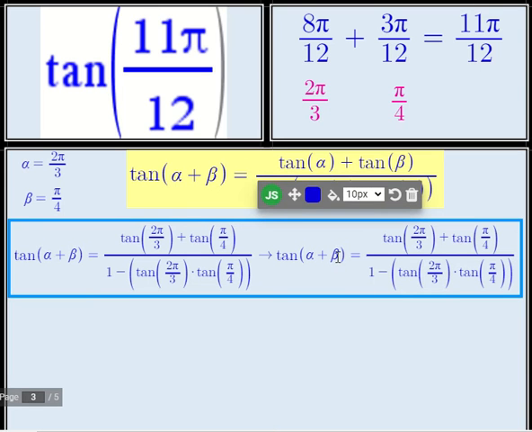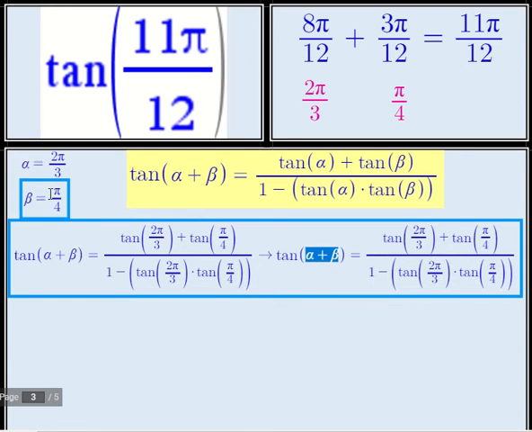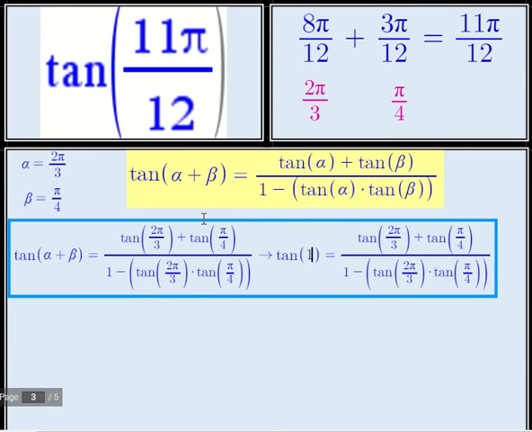Now, from here, we want to substitute in the actual calculations. So instead of alpha and beta here, we're trying to find 11 pi over 12.